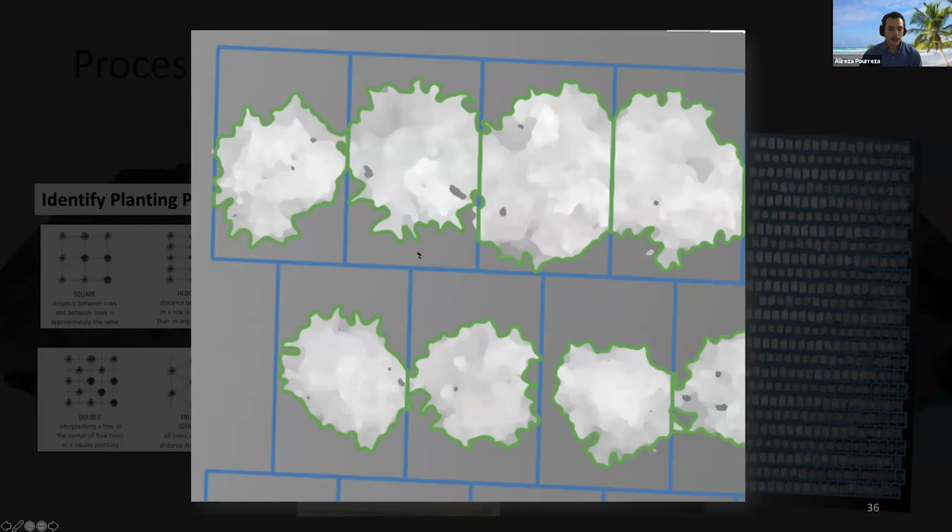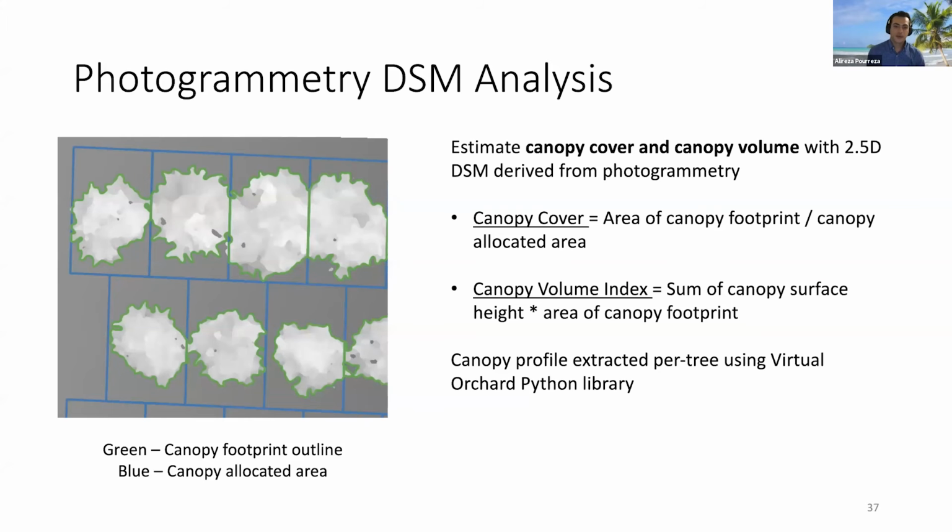So the part of each of these rectangles that is filled with the canopy, we call canopy cover. And canopy cover is actually a good indication of canopy size. We also assume that it's highly correlated to the amount of sunlight that can be intercepted by each canopy.